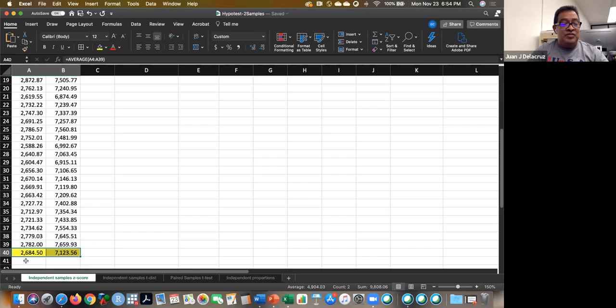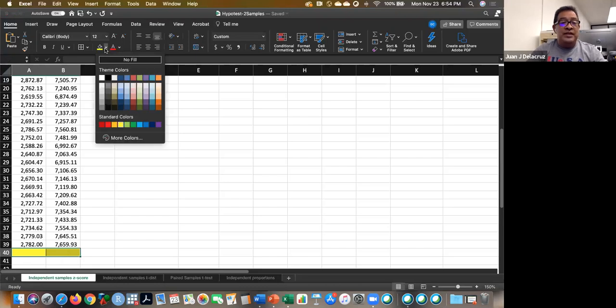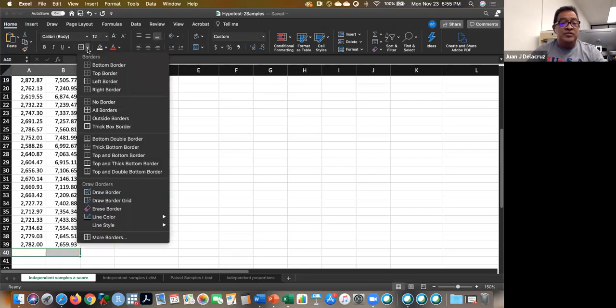This is the average 2,600, and this is the average 7,100. So the question is, how do I know whether these two means are different from each other? We can do the following in order to find those values.